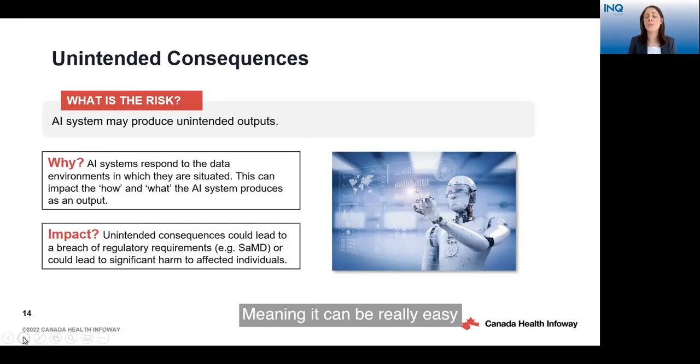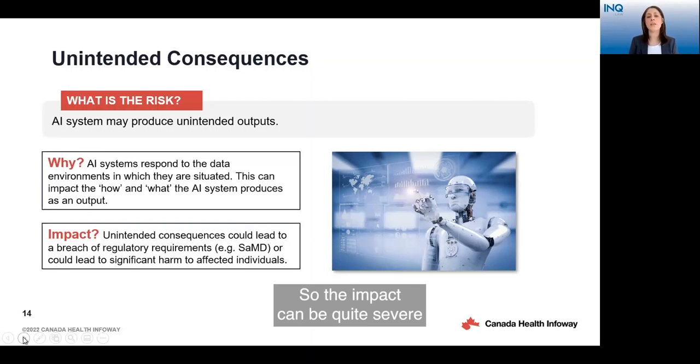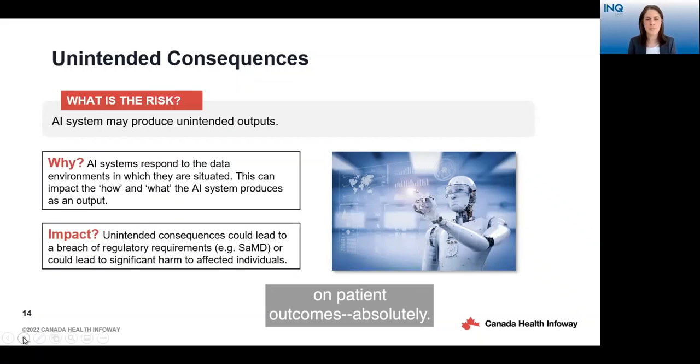Meaning it can be really easy for an unintended consequence to go unnoticed, particularly when you're looking at systemic functions. So the impact can be quite severe in some cases, depending on the nature of the system that you're using, the context, obviously. It could have an impact on patients, on patient outcomes, absolutely.